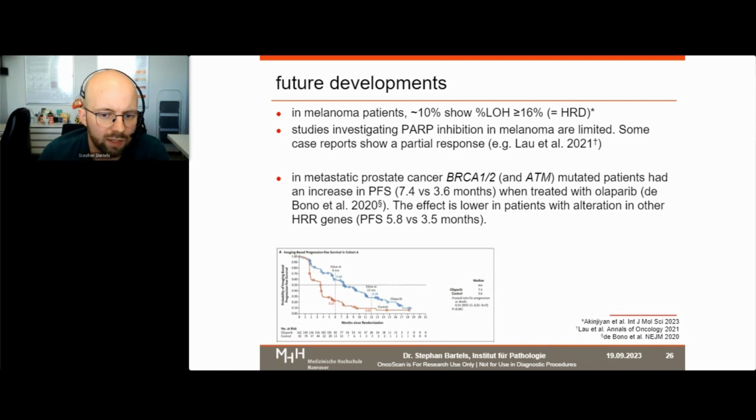And prostate cancer patients have an increased progression-free survival when they are BRCA1 or 2 or ATM mutated, but not that much. And the effect is even lower when you look at other HRD mutations. Then it is a very, very small effect.